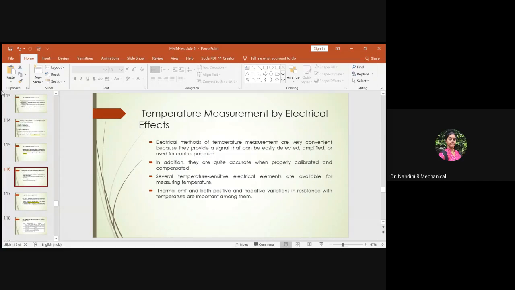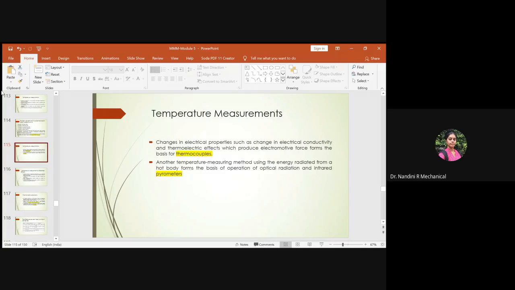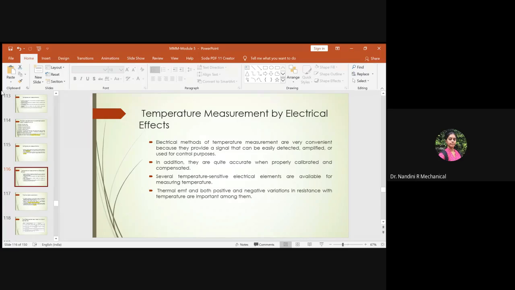So now, after knowing about the classification of the instruments which are used to measure the properties associated with temperature, we should know how temperature measurement is done by electrical effects. These electrical methods of temperature measurement are a very convenient method.